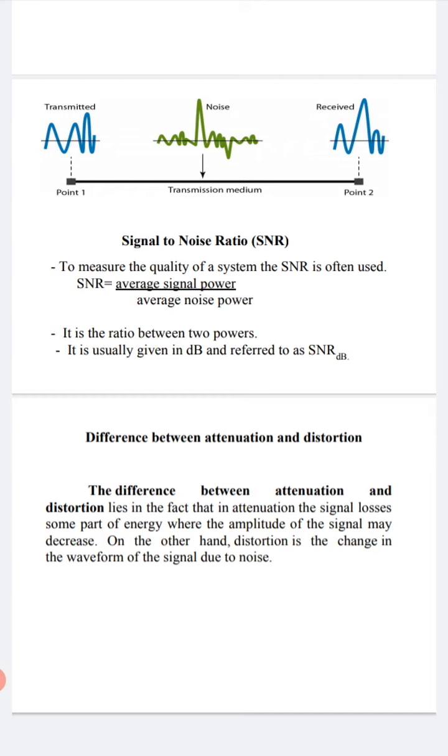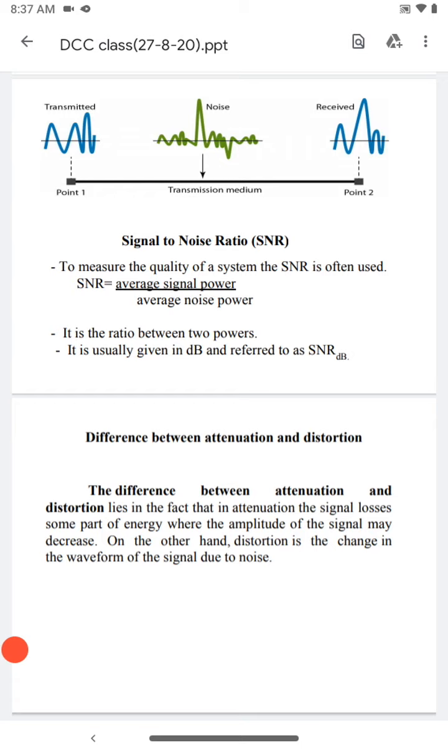So the noise will be added. At the receiver side, the input signal is changed. It's a different signal. It's not the same as your input signal. The output signal is different when you compare it with the input signal, the transmitter signal. At point 2, the received signal. Point 1, the transmitter signal.